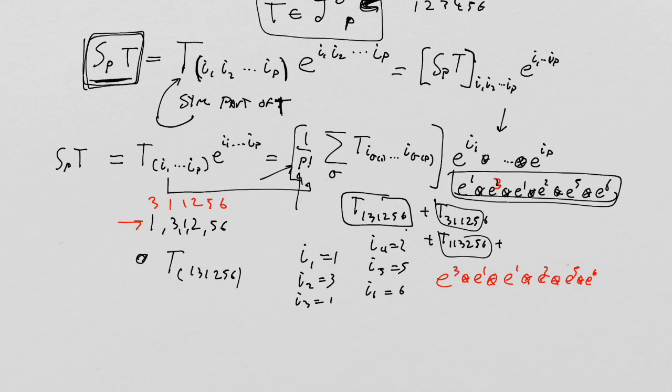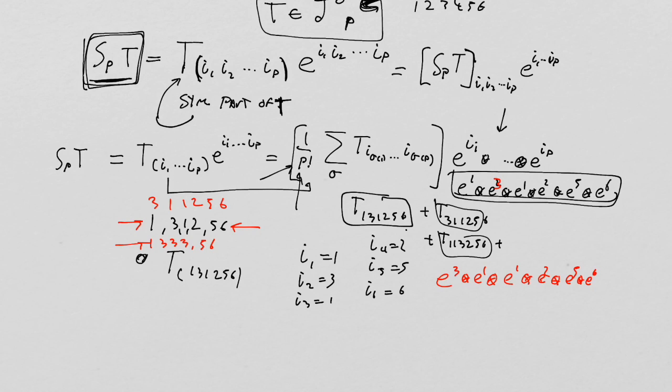So if I started with 1, 3, 3, 3, 5, 6, that is not a permutation of this, so that one will give me an independent component. So this is the symmetry operator, or the symmetrization operator.